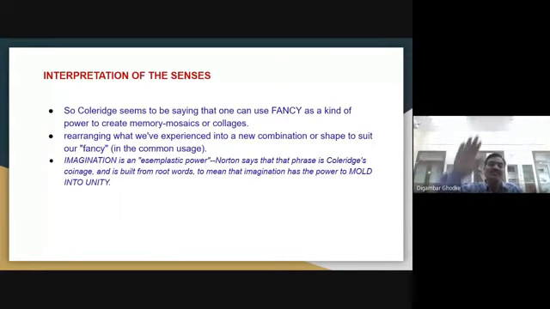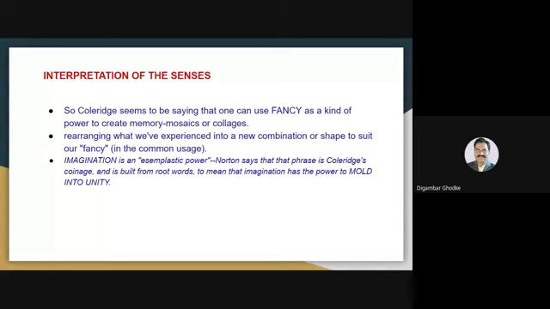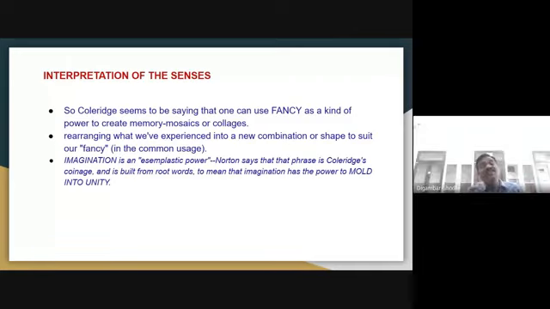Mosaic is a kind of design in which you come across different pictures. Or collage. I hope you are familiar with the term collage. So fancy is a kind of collage. So rearranging what we have experienced into a new combination of shape to suit our fancy is the function of imagination. So imagination is an esemplastic power.